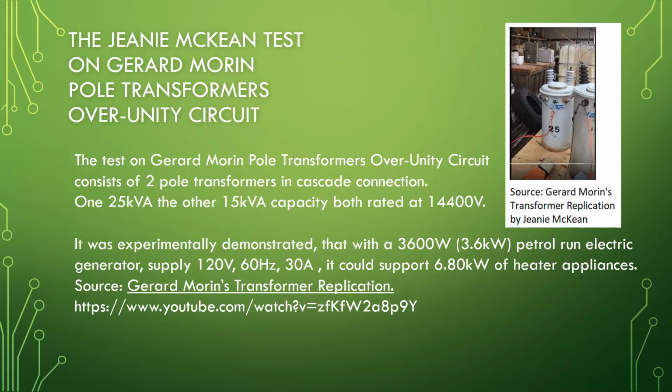It was experimentally demonstrated that with a 3,600 watt petrol-run electric generator, supply 120 volt, 60 Hz, 30 ampere, it could support 6.8 kilowatt of heater appliances. Source: Gerard Morin's transformer replication.